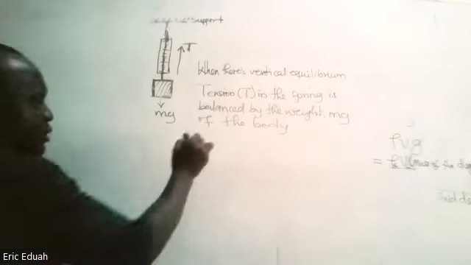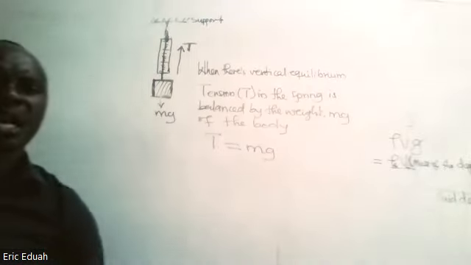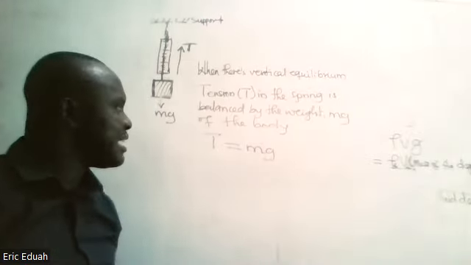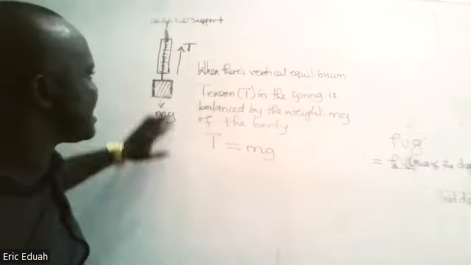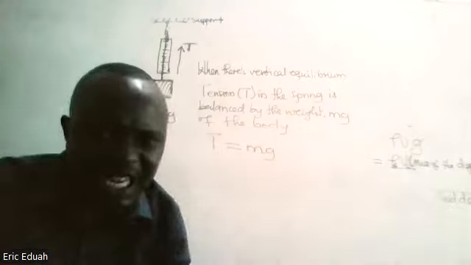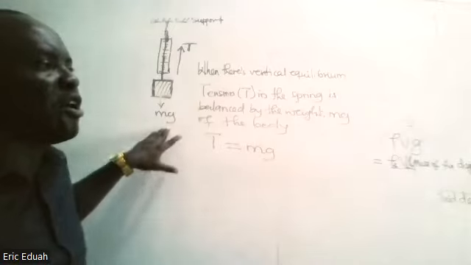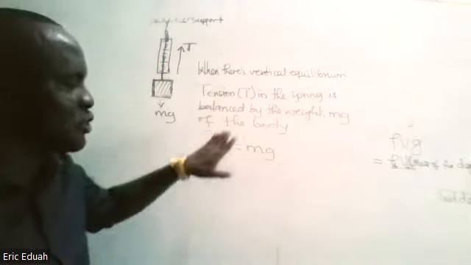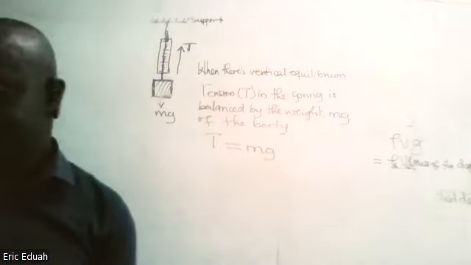And so T is equal to mg. If you suspend a body on a spring and the mass is not falling off, then it implies that the tension in the spring, or the thread, is equal to the weight of the body suspended. Hence, T is equal to mg. Class, are we fine? Yes.